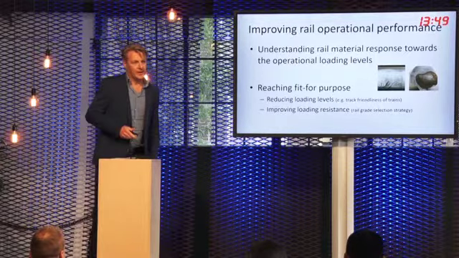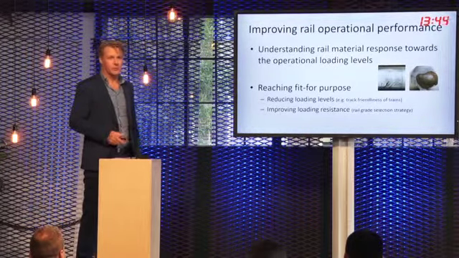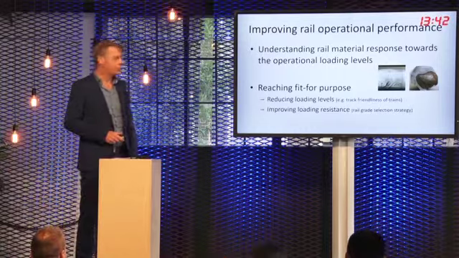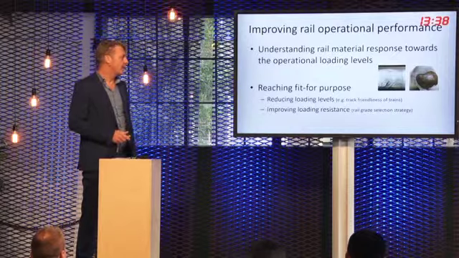Introduction, something about the aim of the research, going quickly into the setup of the testing and results and some conclusions. It's all aiming on understanding rail performance mainly, because if you want to achieve an improved rail performance, you have to understand the material response towards the loading.